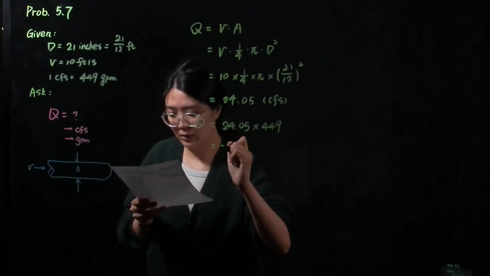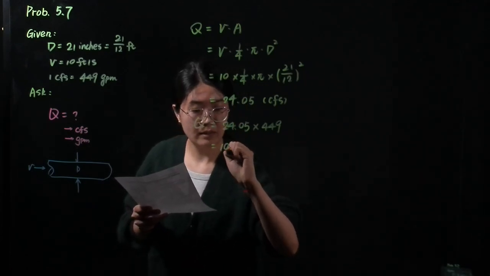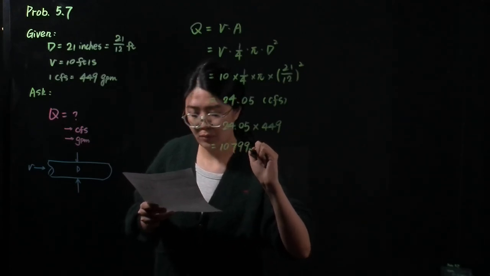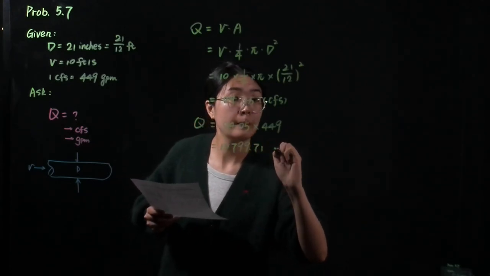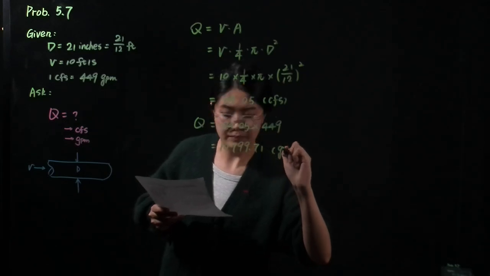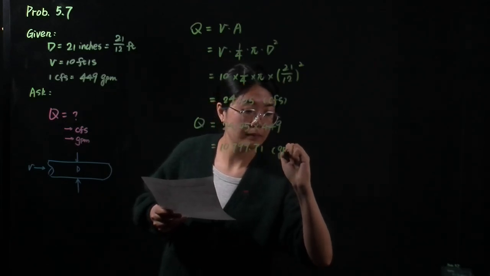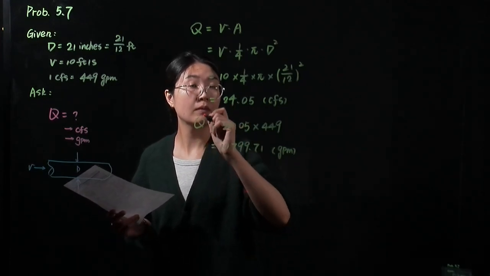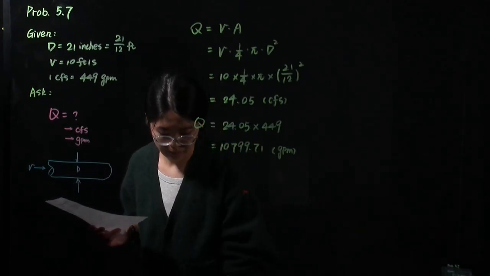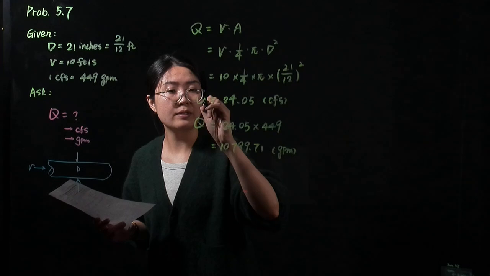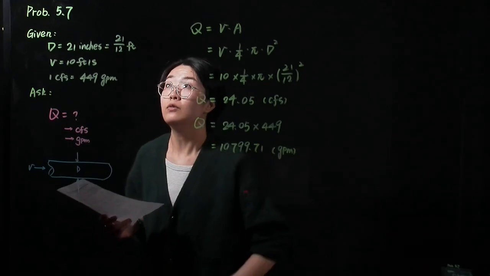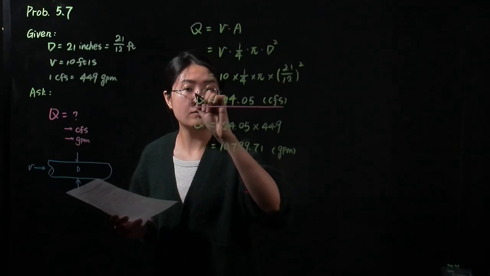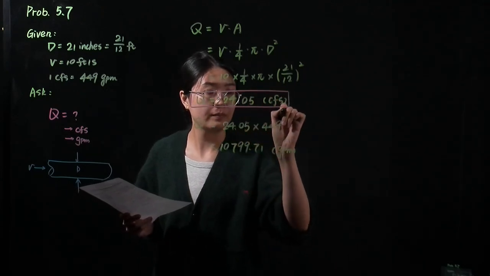So it should equal 10,799.71 gallons per minute. So the result for problem 4 is these two.